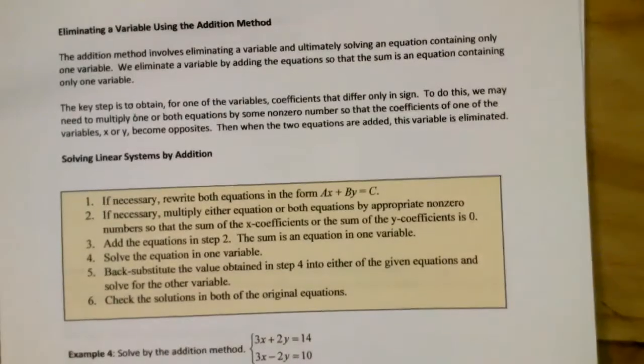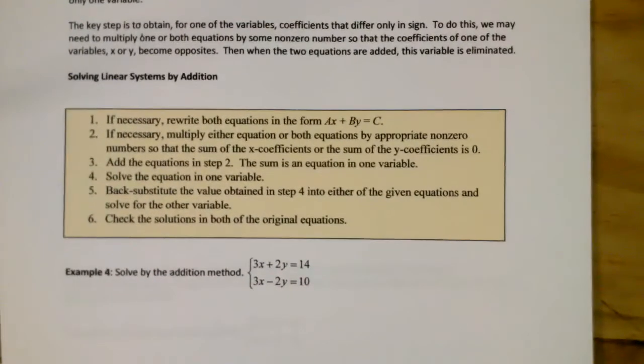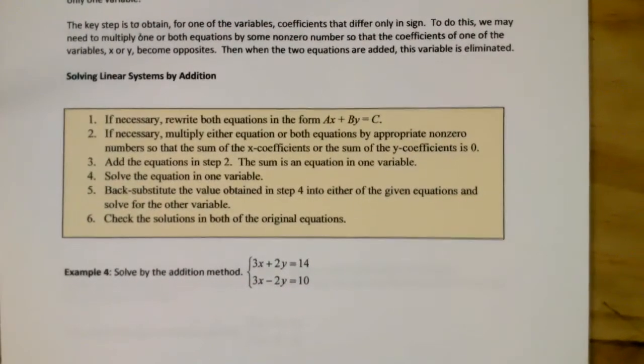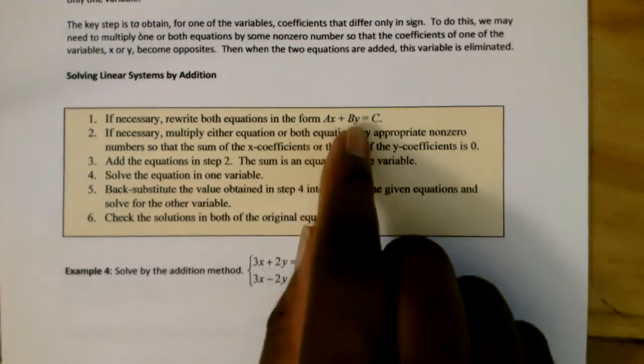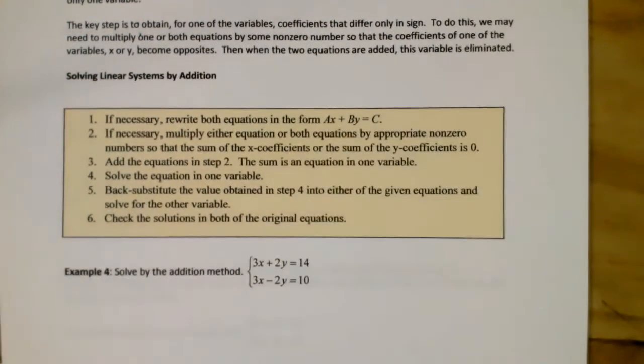And here's the procedure for solving a linear system through addition. Step one: if necessary, rewrite your equations in the form ax plus by equals c. In other words, you need the x and the y on one side and the constant term on the other side.